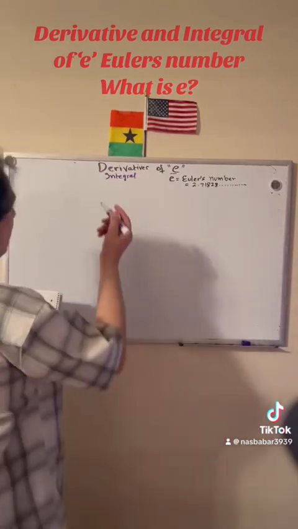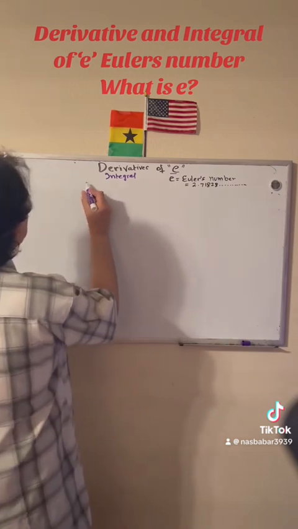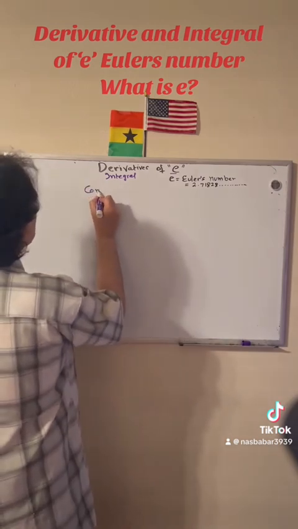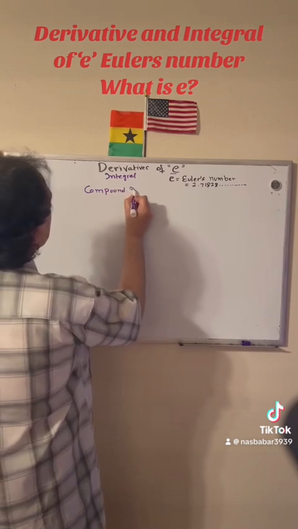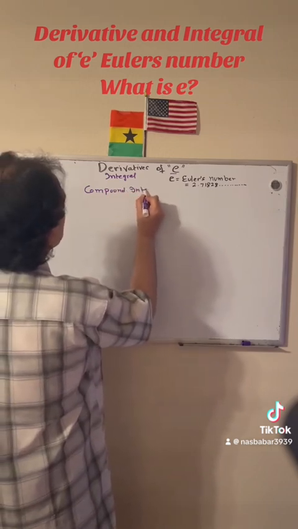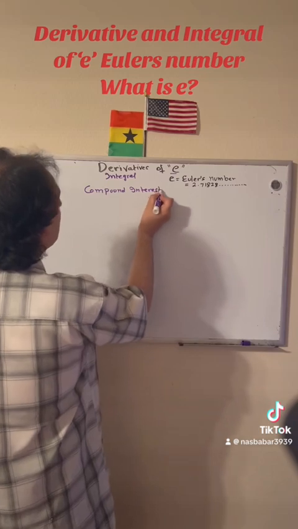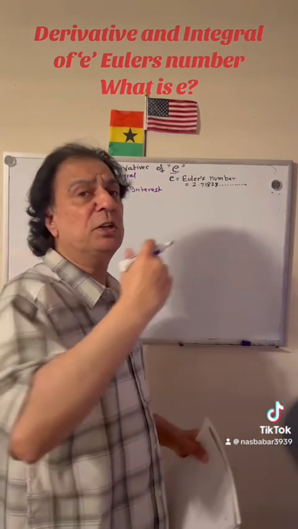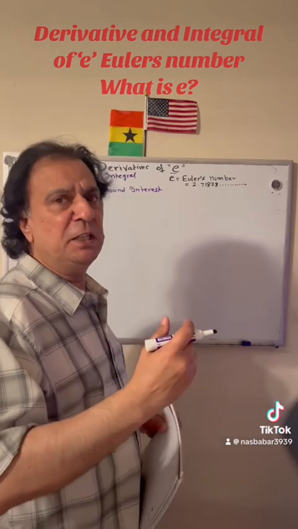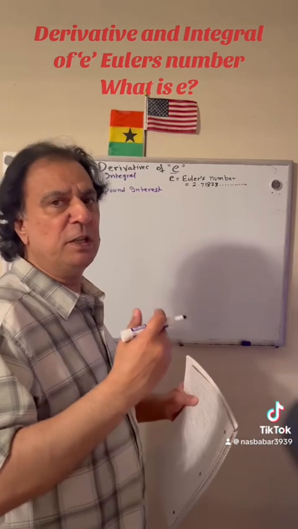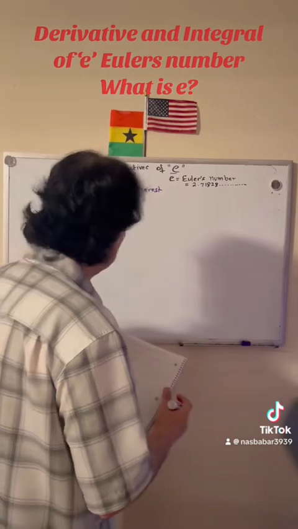Compound interest is basically interest which is accumulated over a certain period. It could be yearly, it could be monthly, it could be every 6 months, and so forth.